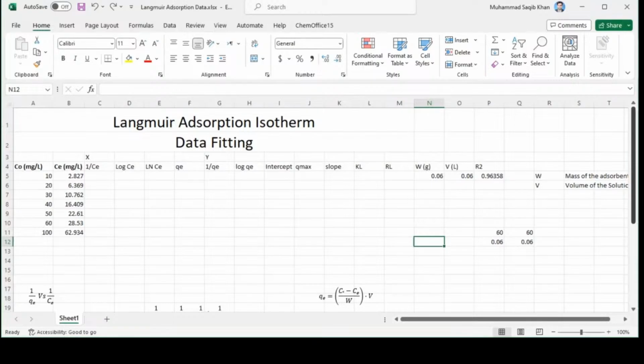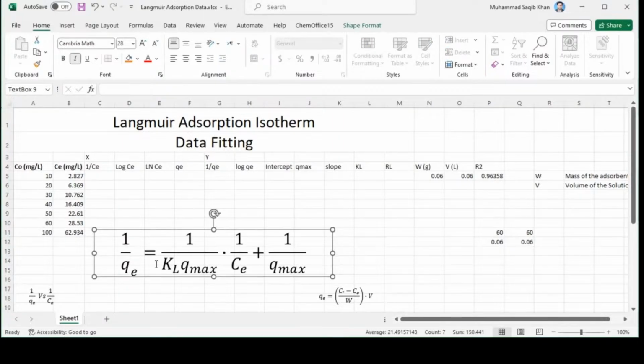Before fitting the data, you should know the equation of Langmuir adsorption isotherm: 1 over QE is equal to 1 over KL Q max, multiplied by 1 over CE, plus 1 over Q max. KL is the Langmuir adsorption constant. Q max is the maximum adsorption capacity, which we will calculate from this Langmuir adsorption isotherm.